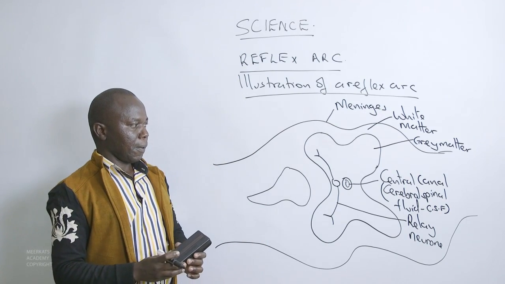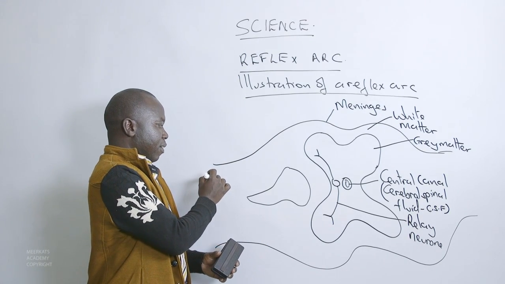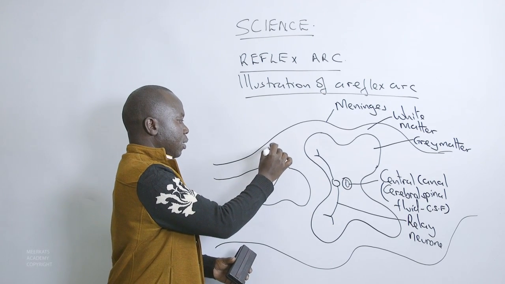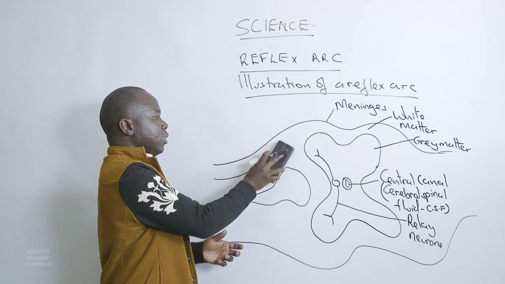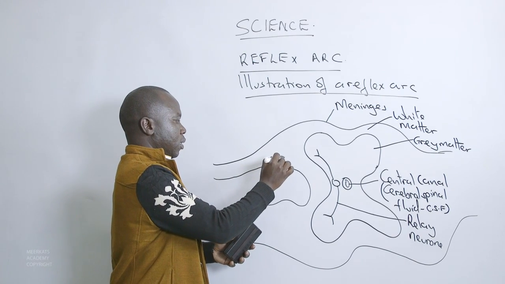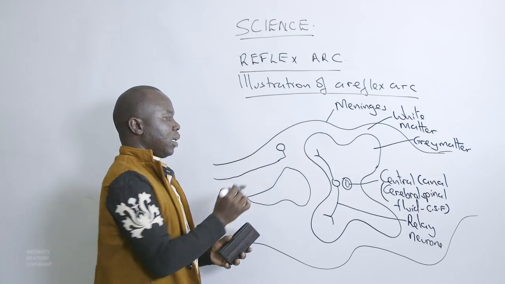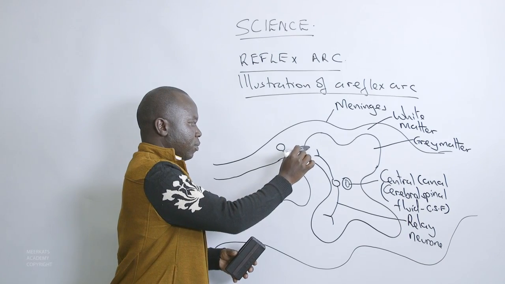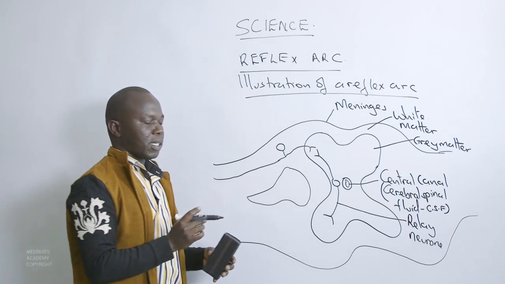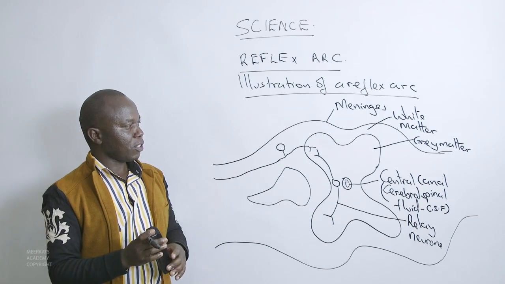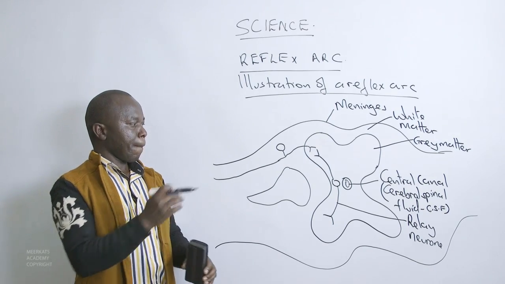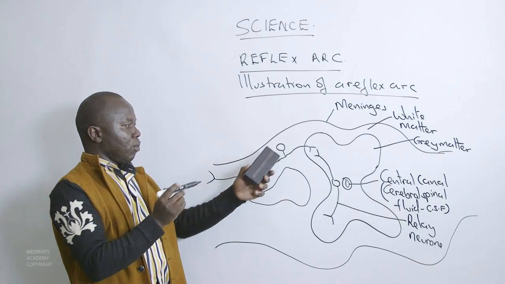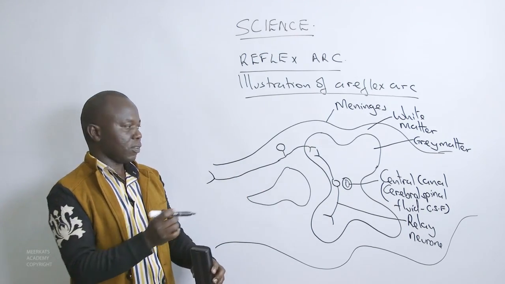Relay neuron. And then we have another neuron. You'll also tell me the one whose cell body is just close to the central nervous system, but it is not found in it. It's just found outside the central nervous system. You can remember that neuron where the cell body is off the axon.